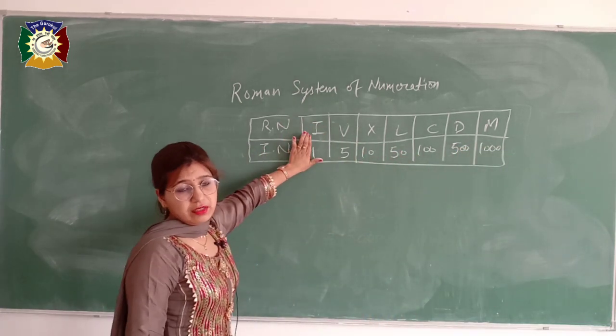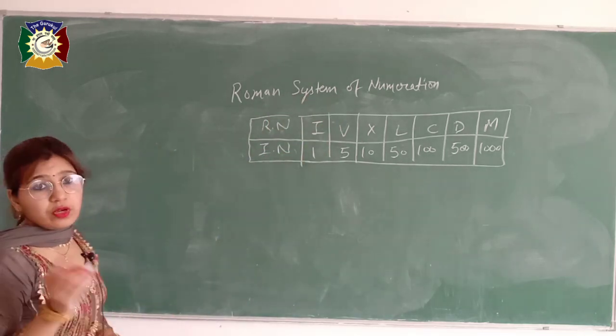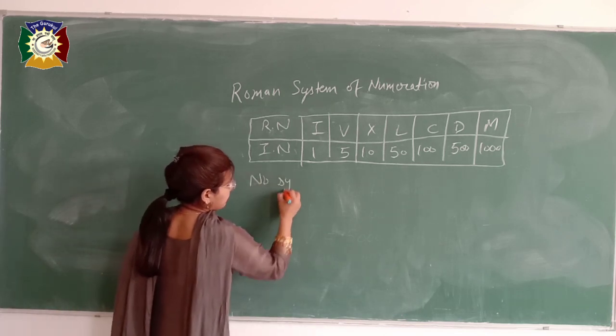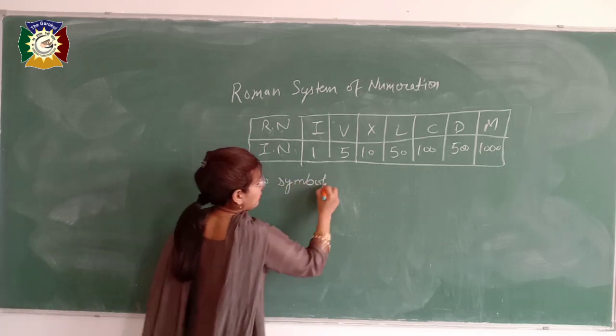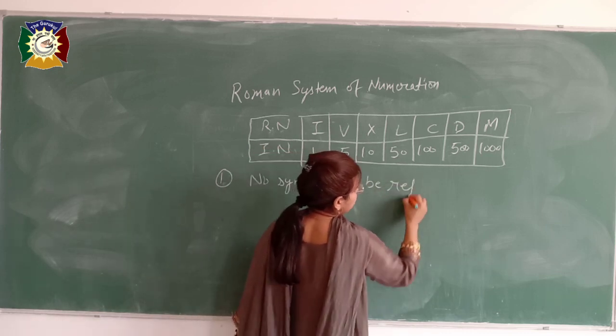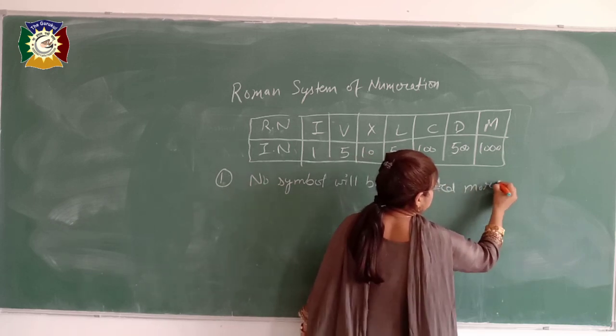Students, learn this table before doing Roman numerals. Okay? Students, rule number 1. No symbol will be repeated more than 3 times.